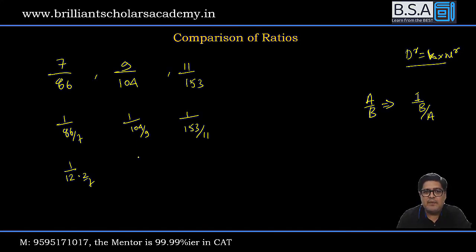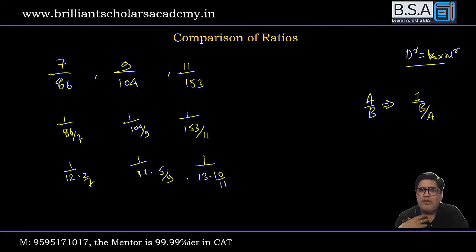Now, this is 1 times 9, carried over 1, so 1 times 9 carried over 5 by 9. And the last one is 1 times 11 carried over 4. So 3.10 by 11. Now you observe, I'm not focusing on decimal, I'm focusing on the integer part.